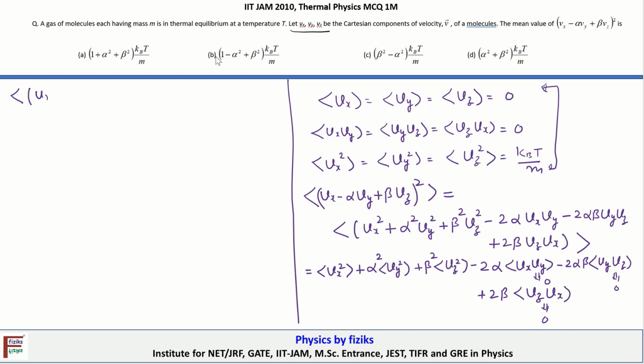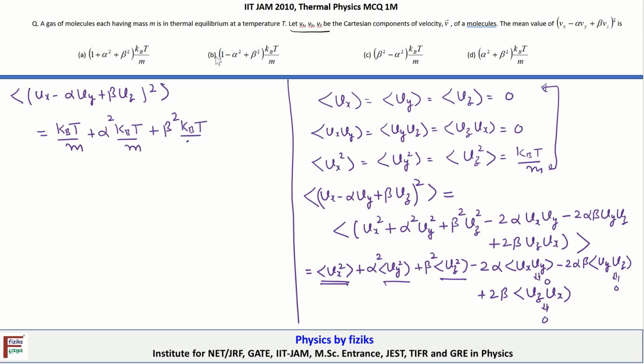Okay, so now we can further rewrite this equation. The average of (Vx minus alpha Vy plus beta Vz) whole square is equal to the average of Vx square, which is equal to kT by m, plus alpha square and the average of Vy square, which is again equal to kT by m, and then the third term, plus beta square and the average of Vz square, which is further equal to kT by m.